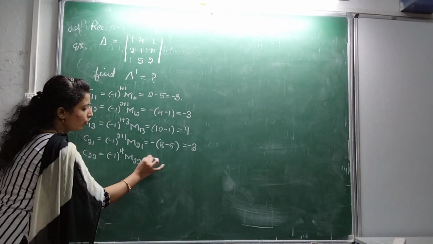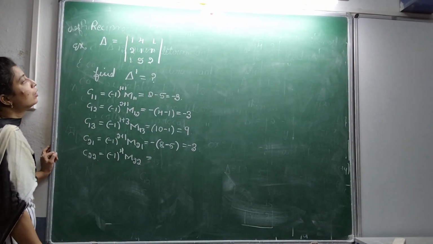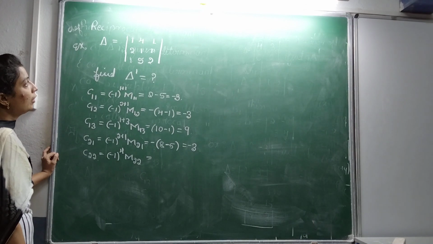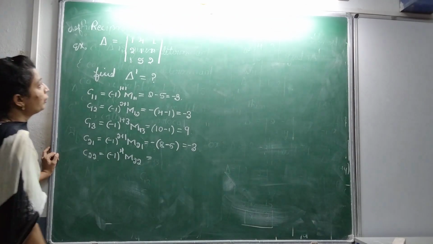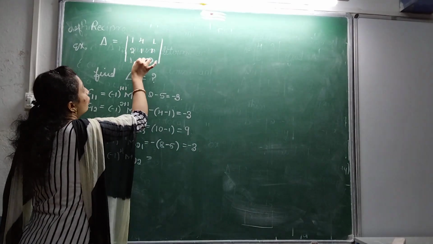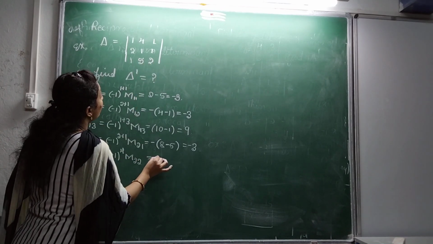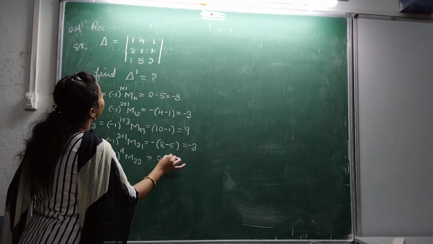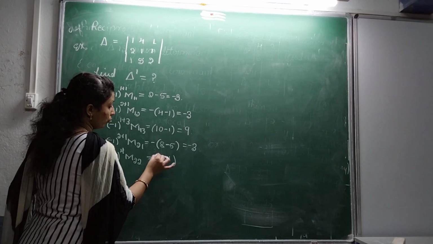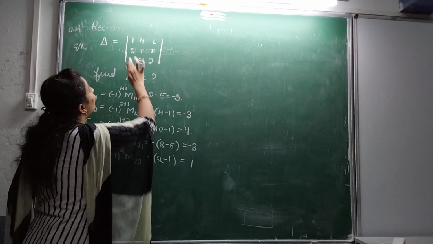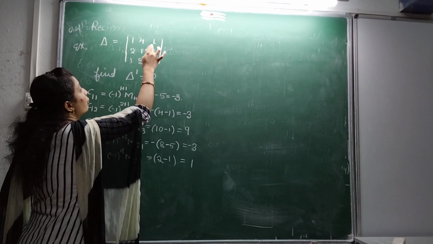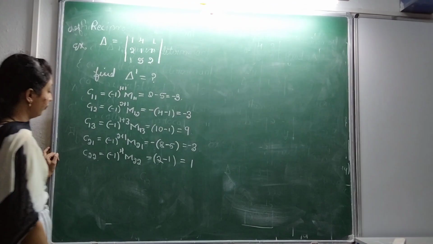Leave the second row and second column, elements are 1 into 2, 2 minus 1, it is 1. And that's 1. C23.